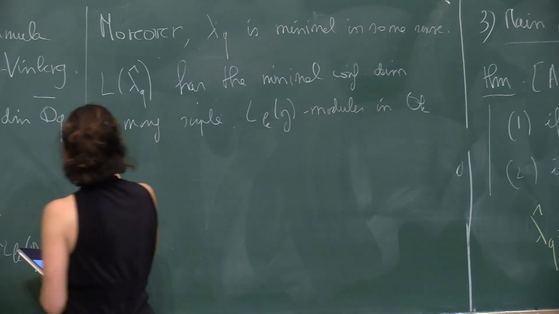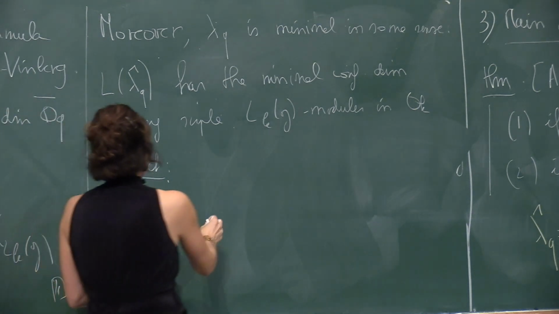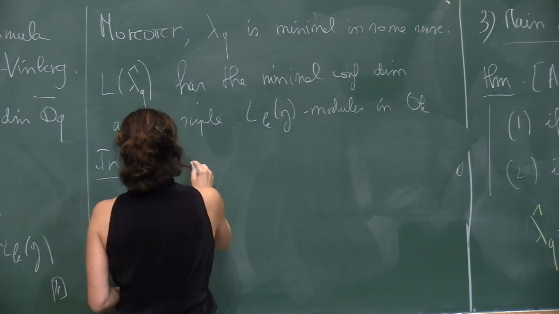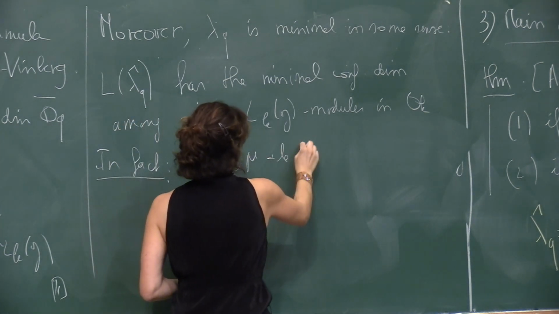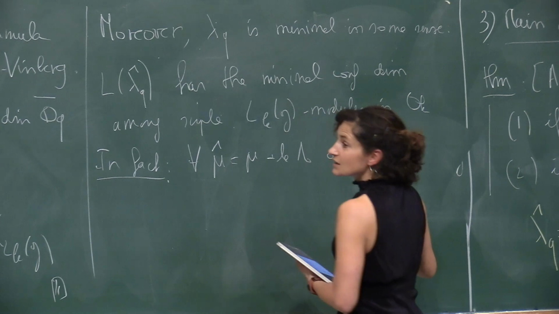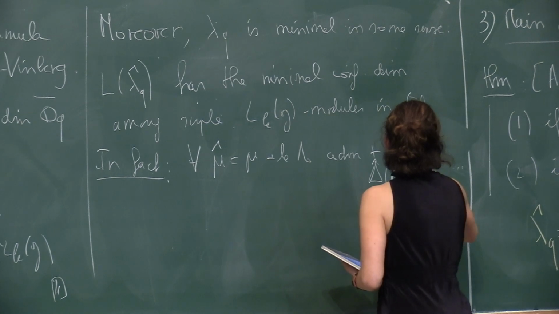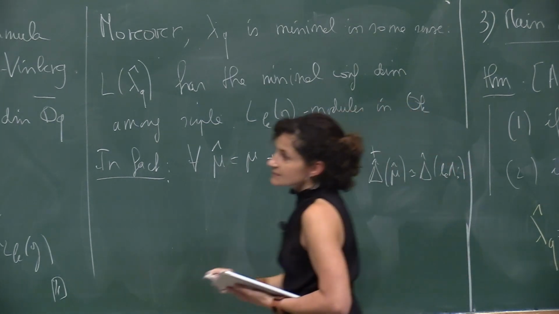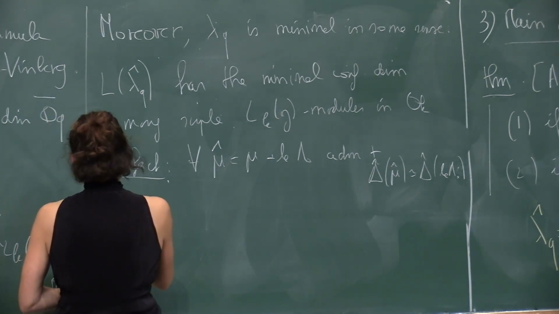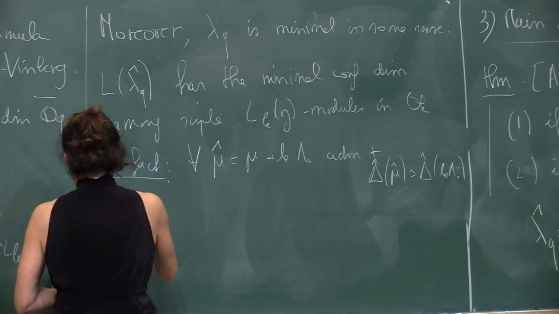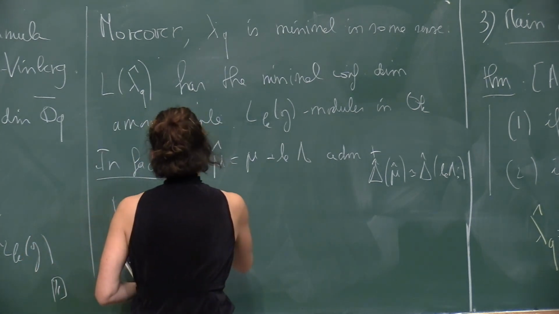And in fact, we have a similar minimality, slightly weaker results. For any mu, let's say mu-hat as before, admissible plus the technical condition that this is isomorphic to this, the condition which makes sure that this is an L_K(g) module, such that this is, then we have this.